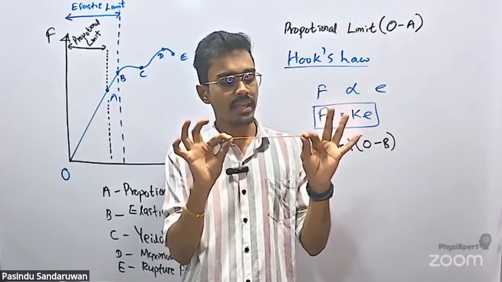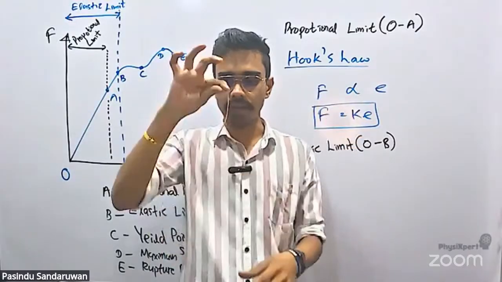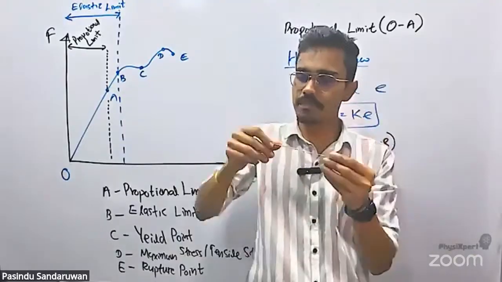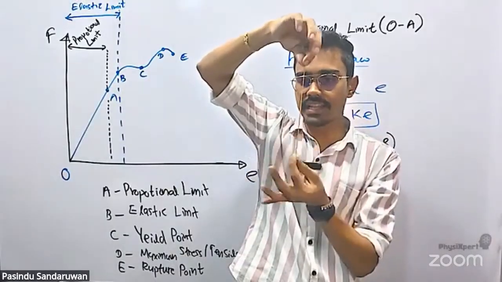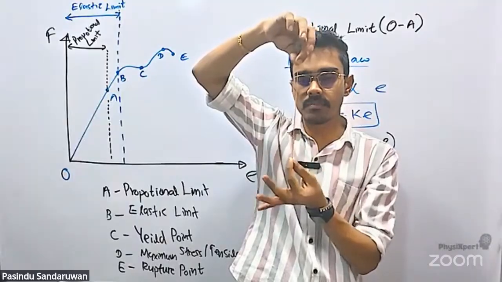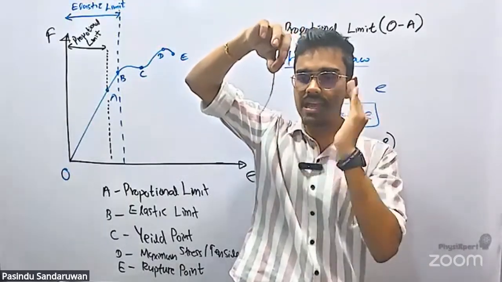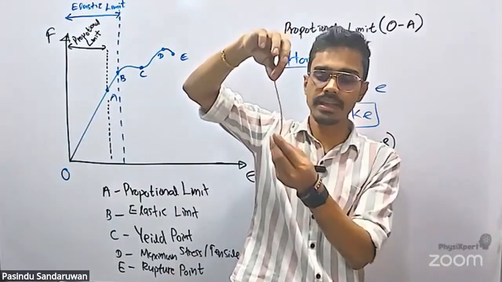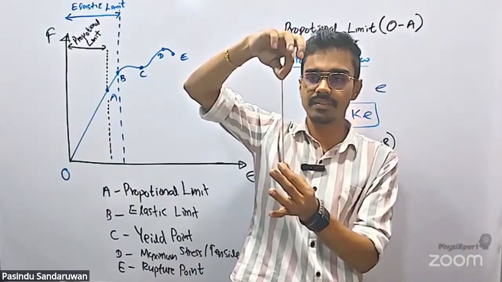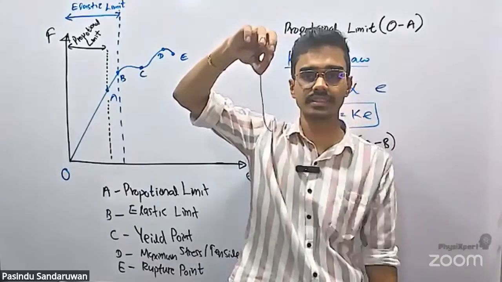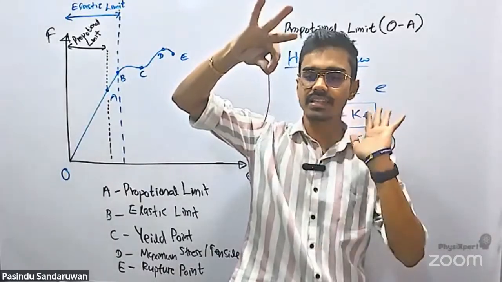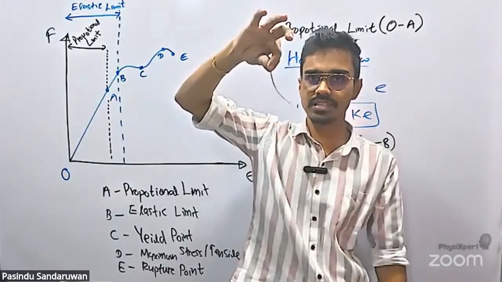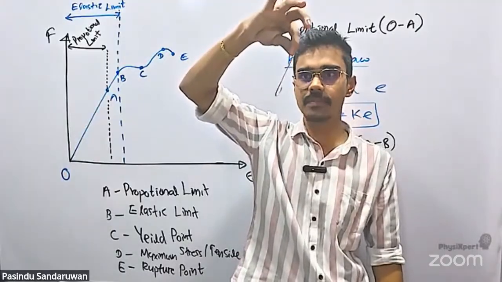But when I remove this force, it is coming back to its initial length. Got the point? When the force is applied, it extends. But no worries, when the force is removed, it comes back exactly to its initial length. It's like nothing happened. When the force is applied, it was extending, but once the force is removed, it stays cool as if nothing happened. See?